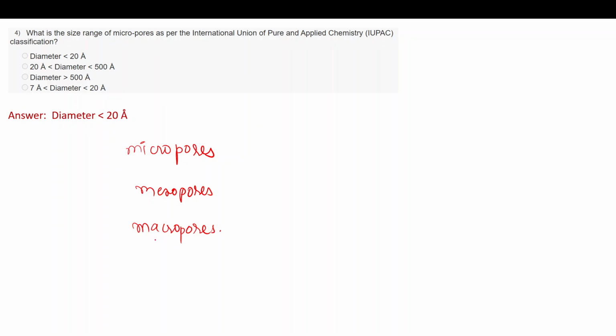Okay, so this is the biggest, this is the intermediate, and this is the smallest. You can look more for the size range and remember that for your exam. Diameter less than 500 Angstrom is for mesopores. If the diameter is greater than 500 Angstrom, that is called macropores.